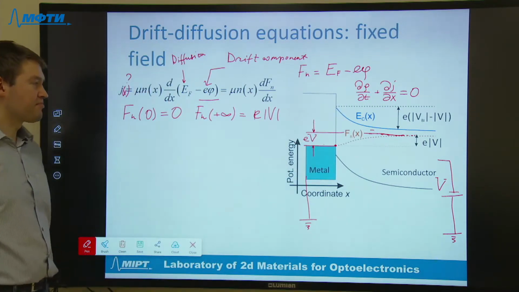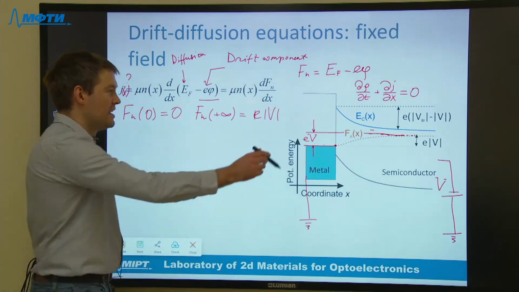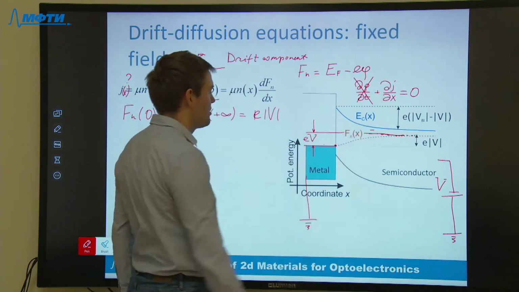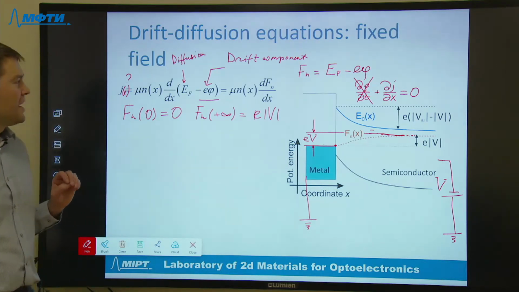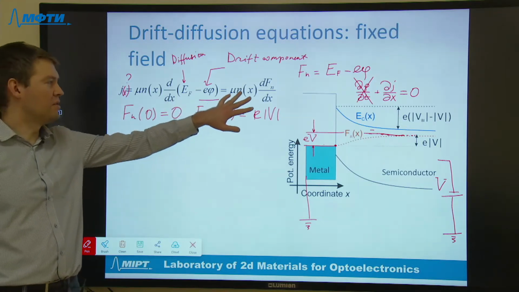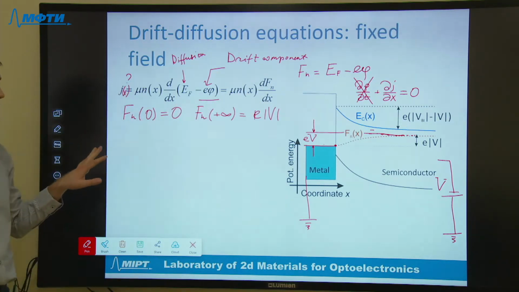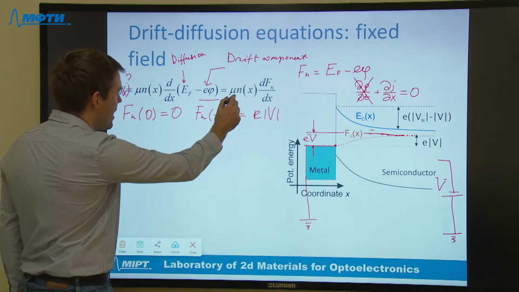And as soon as we assume the steady state character of this equation, then the current should be constant. Actually, this constant value of the current allows us to integrate both parts of this equation to get rid of one of the constants.